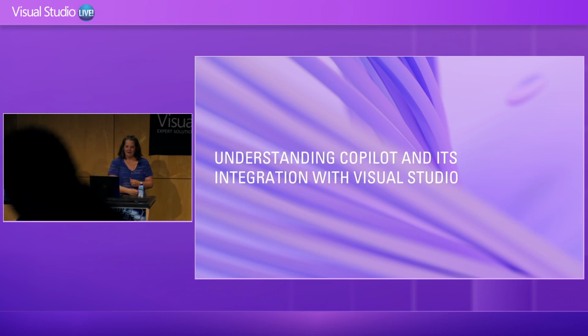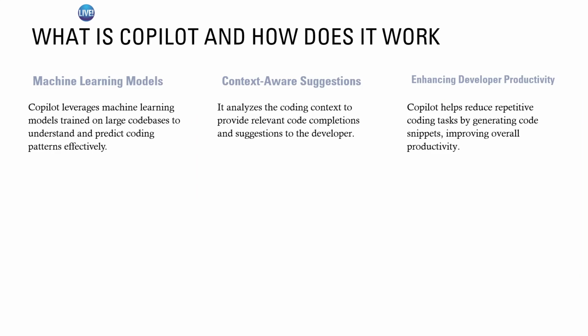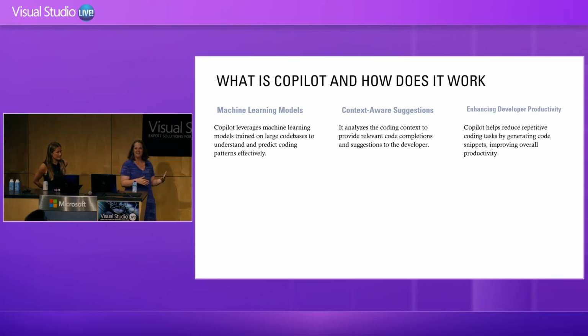All right. So, what is Copilot and how does it work? It uses an LLM, a machine learning model that is trained on large code bases to understand and predict the code and provide you with help in your experiences across the board. It has evolved from just the in-editor suggestions, gray text that we started with a couple of years ago, into so much more.